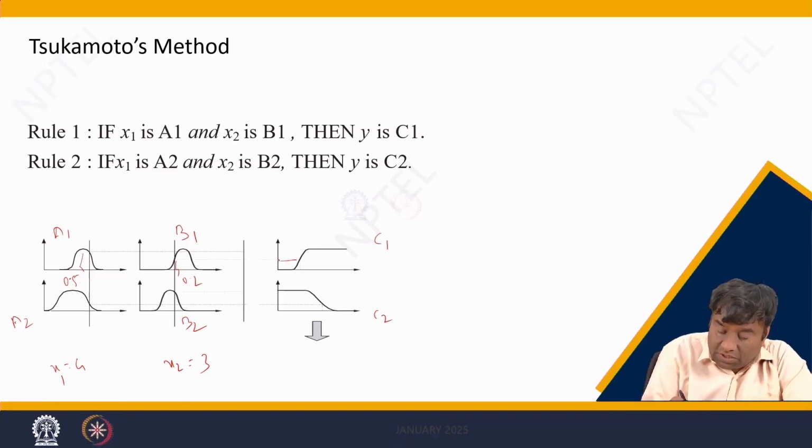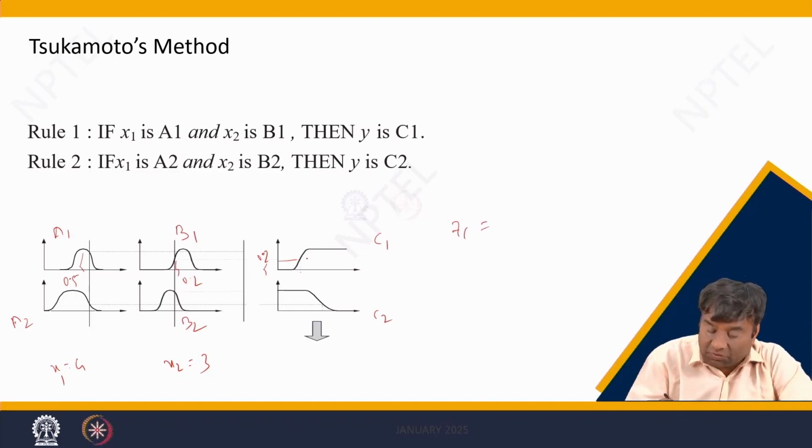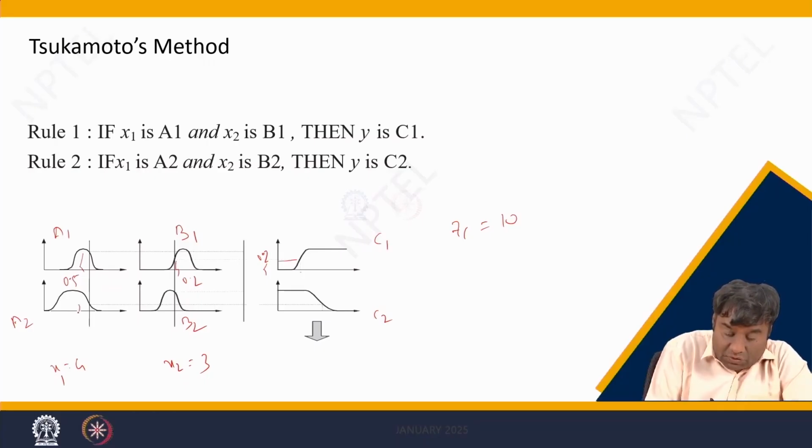So this value is 0.2, and in the Tsukamoto method, this is either an increasing or decreasing monotone function output. So here we get only one value. Suppose this value z1, suppose this is 10 and this is also 0.1, this is 0.6.